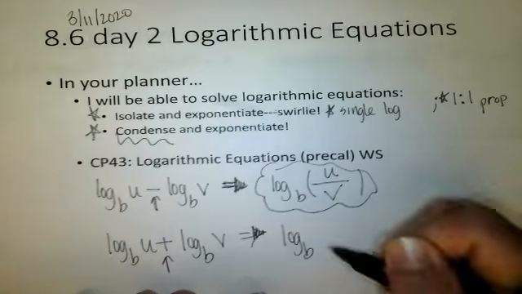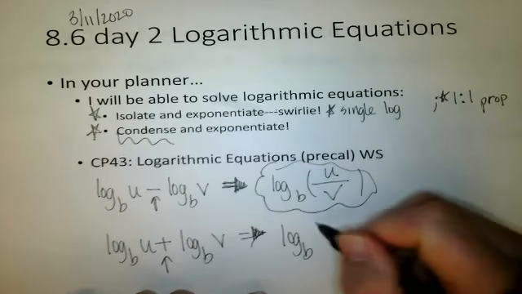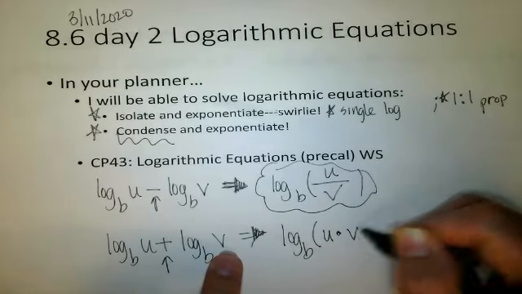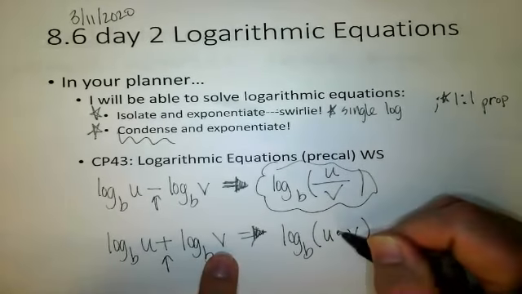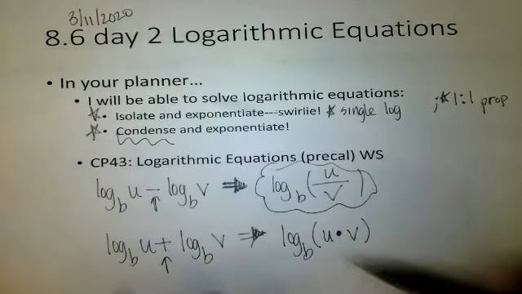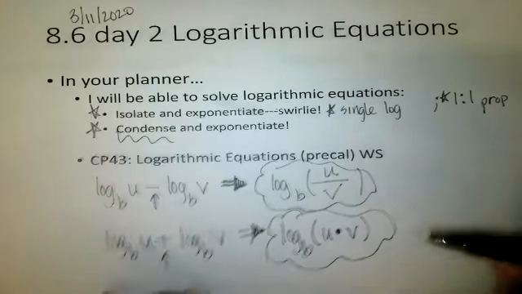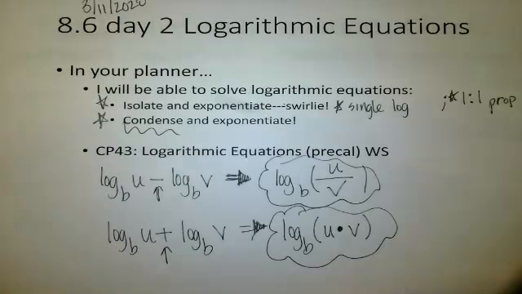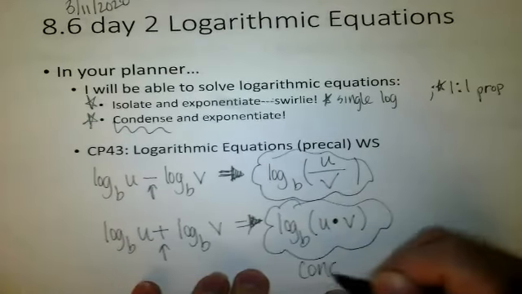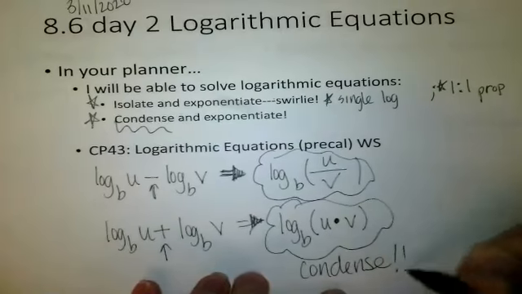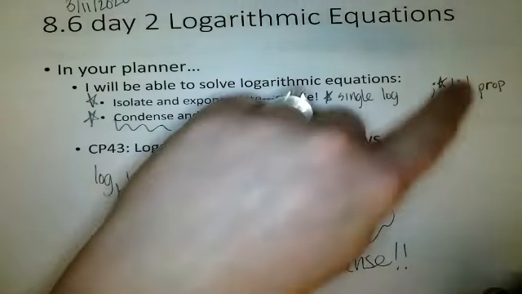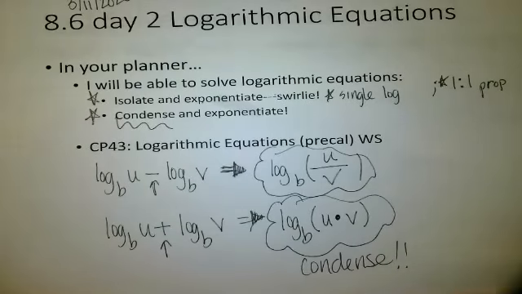So again, we write it using a single log, and we multiply our arguments together, u times v. So today you're looking for subtracting logs or adding logs, and if we have that, then we want to condense first. And then it's just like what we did on Monday: it's either the one-to-one property or the single log swirly.